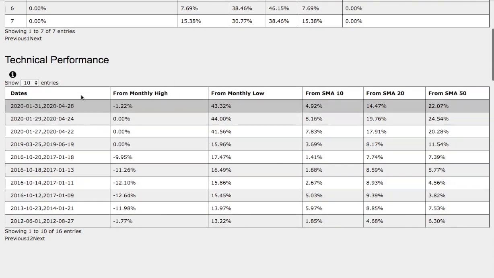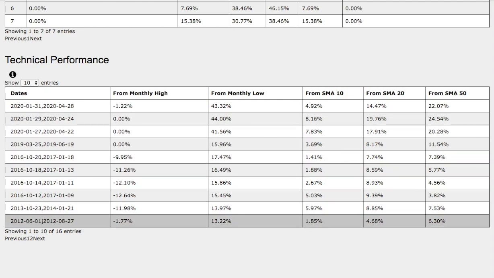And if we examine the technical performance of each model, this is our current model that we are in now. We are down 1% from monthly high, up 43% from monthly low, up 5% from 10 simple moving average, up 14% from 20 simple moving average, and up 22% from 50 simple moving average.